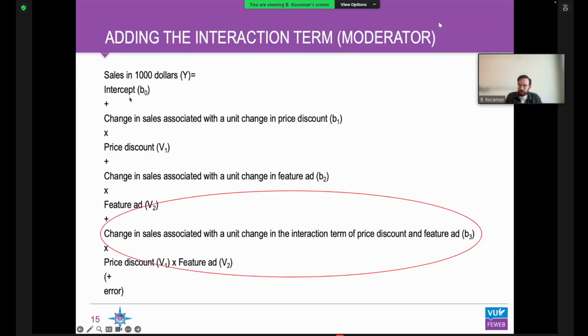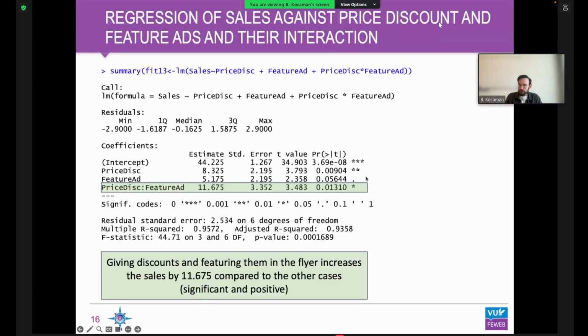Previously, we had this intercept, beta 1 and price discount. Now we added this beta 2 times V2 and their interaction. So this will be related to a unit change in the interaction term of price discount and feature ad. Let's look at the result.